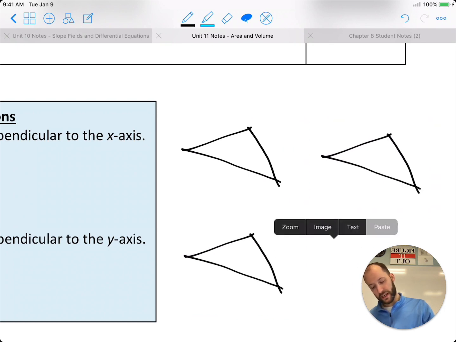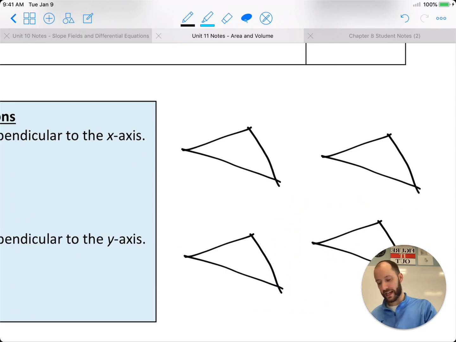So let's say you're looking at the volume of an object made of cross sections that are squares. Okay? And the squares have the same height as they do width or base. The base is kind of guided or mandated by the triangular base objects.